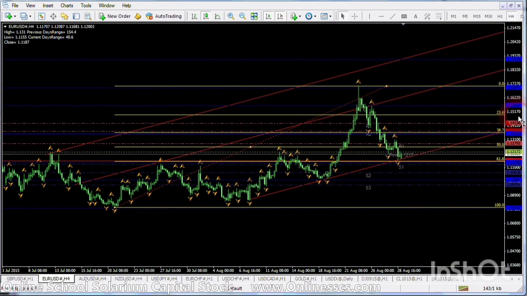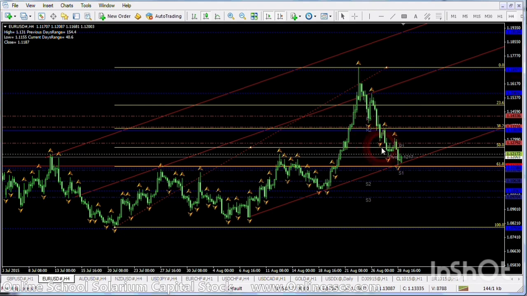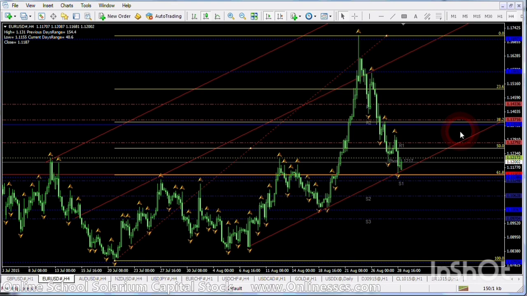I see that my weekly pivots are also there. When the price is not on the pivots, I should expect it to go upwards.